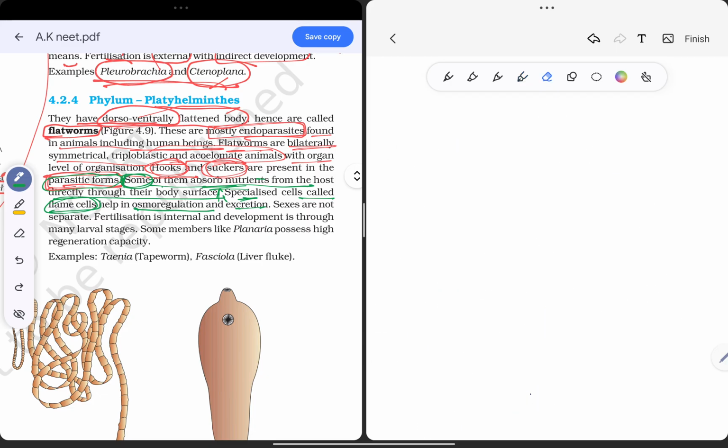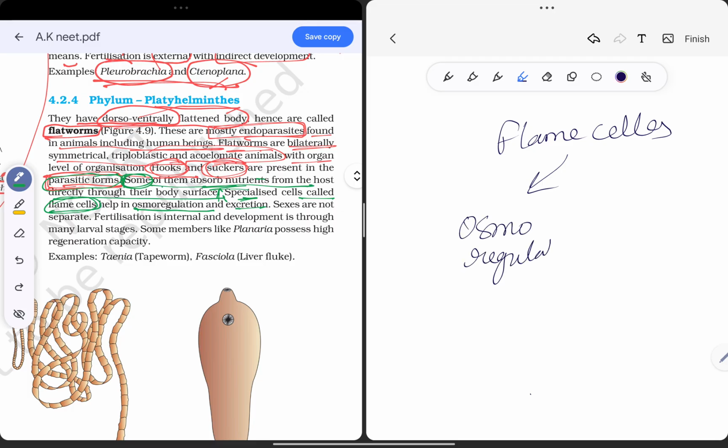Note this down: osmoregulation and excretion.